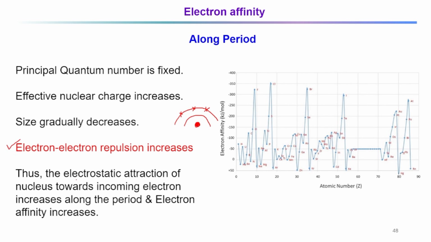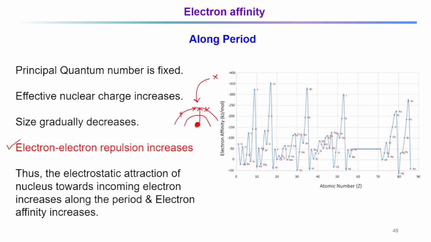So the electrostatic attraction of the nucleus towards the incoming electron increases along the period, and electron affinity increases. That means when we are trying to put another electron into this valence shell, as we go left to right along a period, the electrostatic interaction of the nucleus with the valence shell's electrons increases.